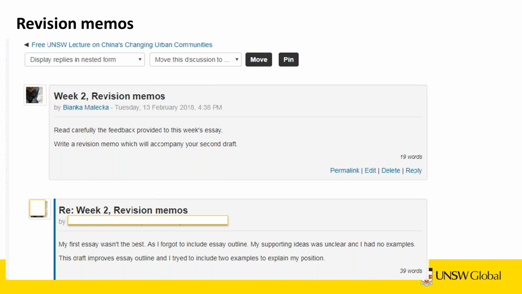So even if there are some other problems with this particular draft, I can see that the student read my feedback and that they made an effort to act upon it by making those revisions. So that can be a good tool, and perhaps a good pattern of behavior that they might use later at university.